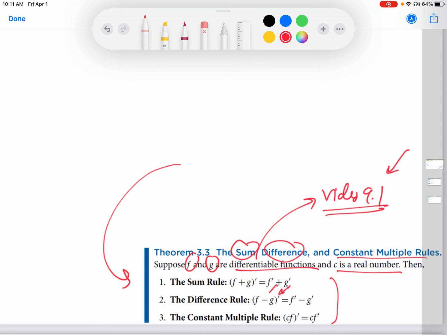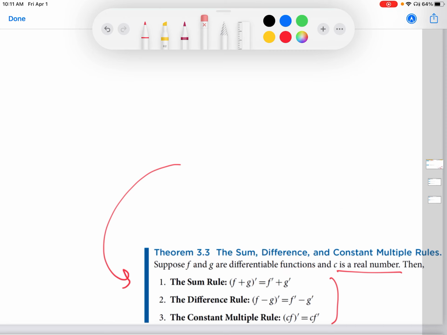The derivative of a difference of 2 differentiable functions is the difference of the derivatives. And constant multiple: the derivative of a multiple of a differentiable function is the multiple of that derivative. You can say these out in English, and it's easier to remember them that way. Or, if it makes better sense to write them out like I did over here, that makes sense.